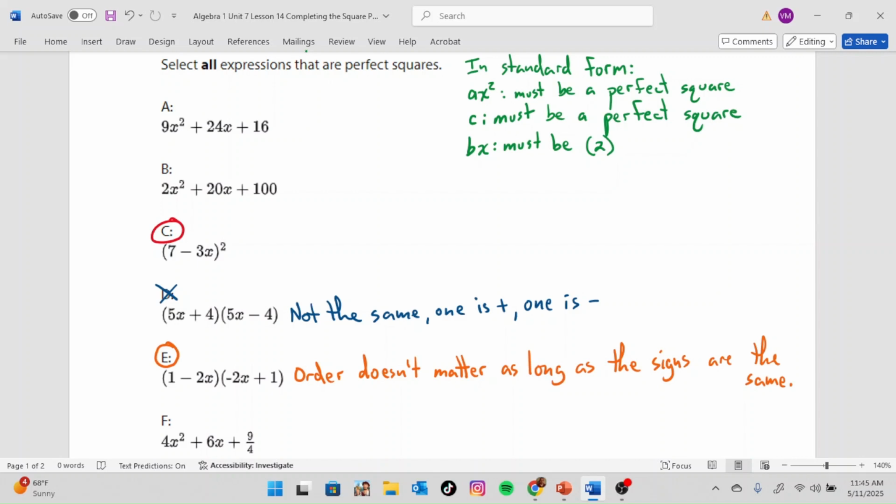Then do the same thing with the other pair, so you're going to have two of them. So it's going to be 2 times the square root of your A term times the square root of your C term. So this is what we want to check as we do this.